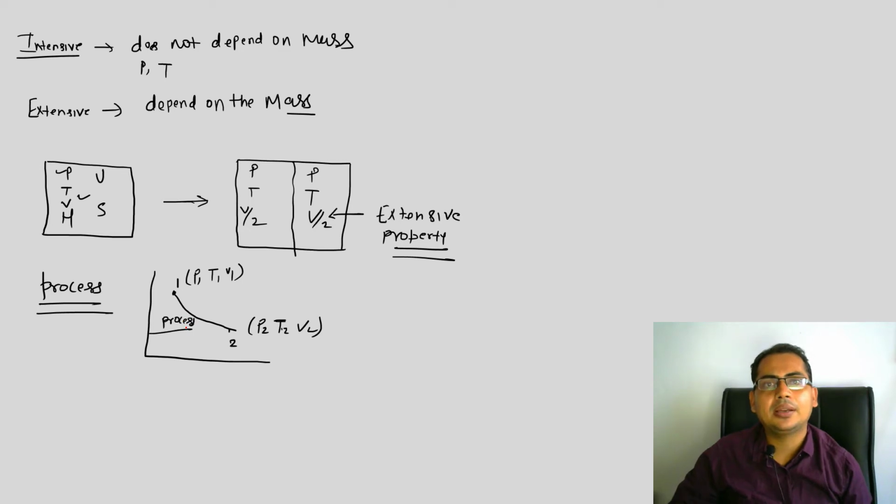A process can be done through different paths. For example, 1 to 2, this is one path, this is another path, and this is another path. So always remember, properties do not depend on the path, they only depend on the state or the point. Properties are point functions. They do not depend on the path.